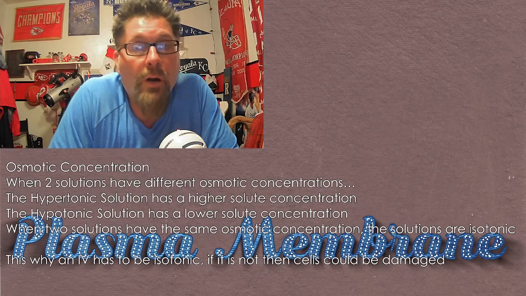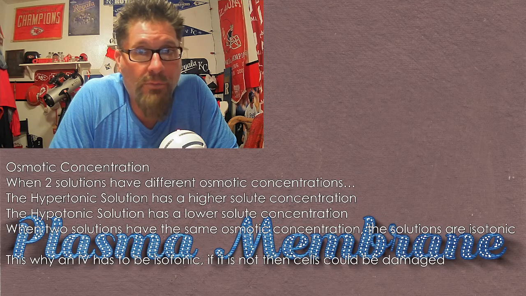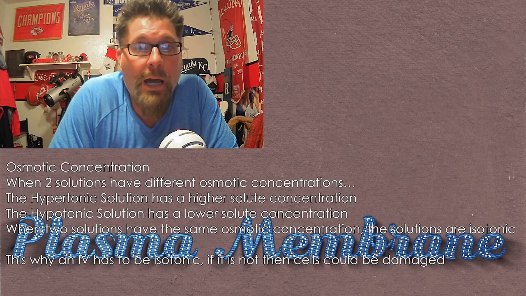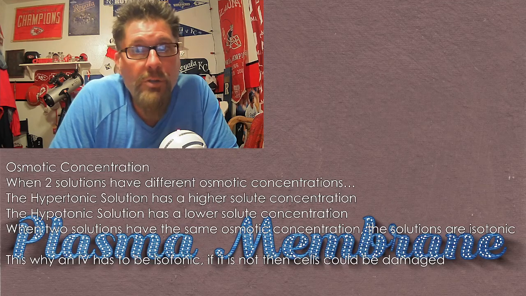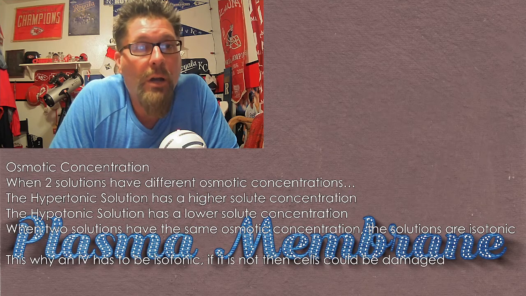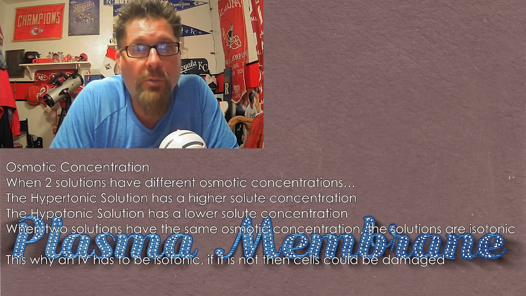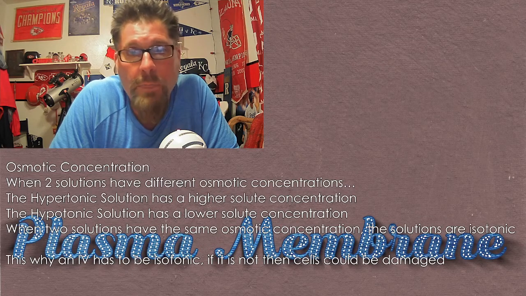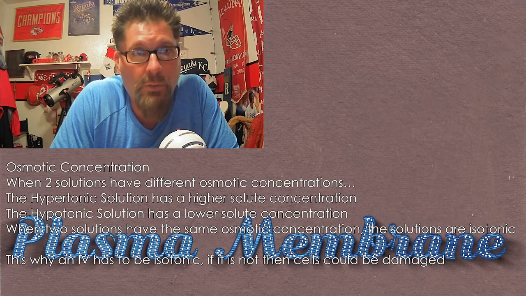Okay, now there are various types of situations in which osmosis is involved. Hypertonic, hypotonic, isotonic. The first two, hypertonic and hypotonic, for an animal cell, those are potentially bad situations. But it's super important that you recognize what each of them are and what the output is going to be.